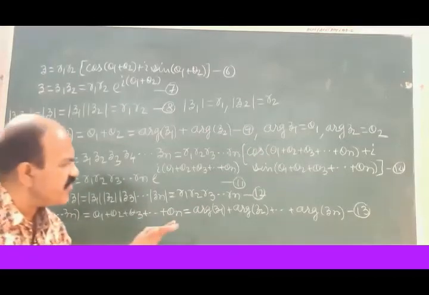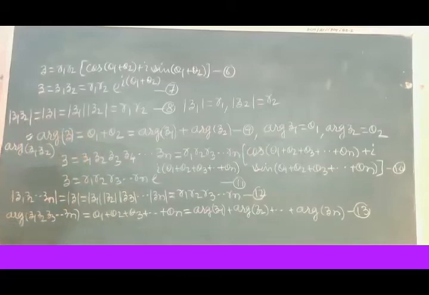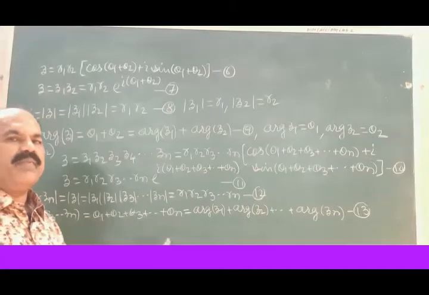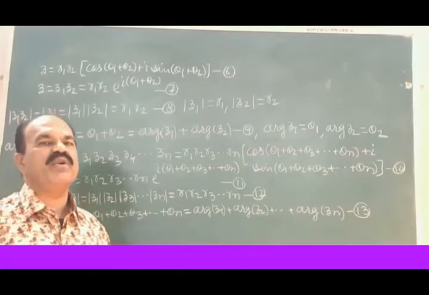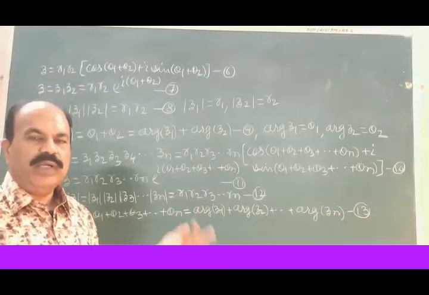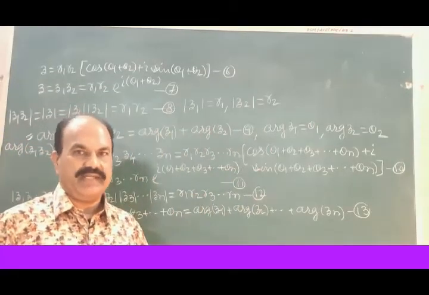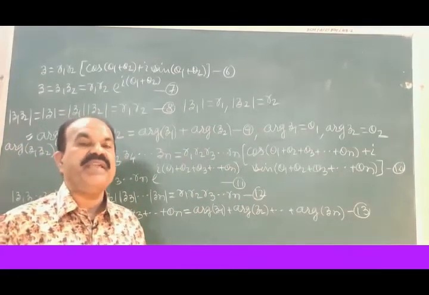Let us observe equation 13. When you observe equation 13, what you find? Argument of product of n complex numbers is equal to theta 1 plus theta 2 plus theta 3 plus up to theta n, that is argument of z1 plus argument of z2 plus argument of z3 plus up to argument of zn. What does this mean?